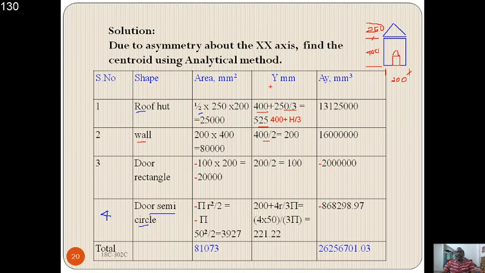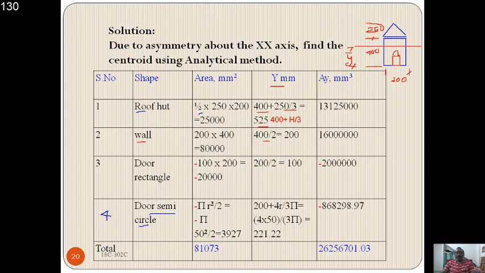Why are we calculating the y? Because we need to find the moment of inertia about the x-axis, and for that we require the y bar value. That's why we are calculating all the y values. Similarly, for the door rectangle, this distance is 100 and this height is 200.